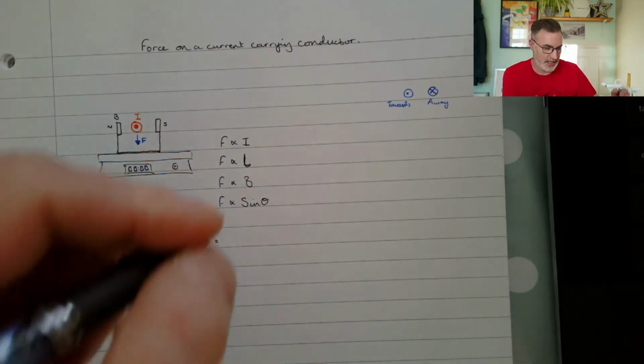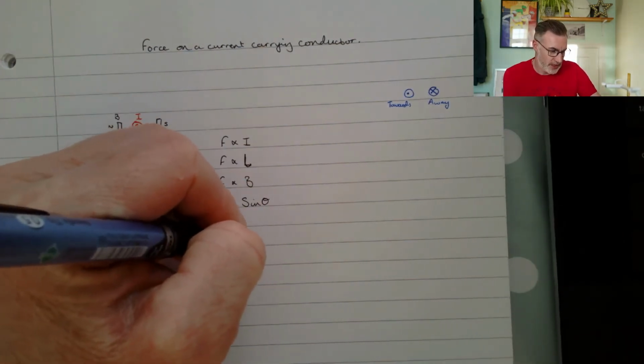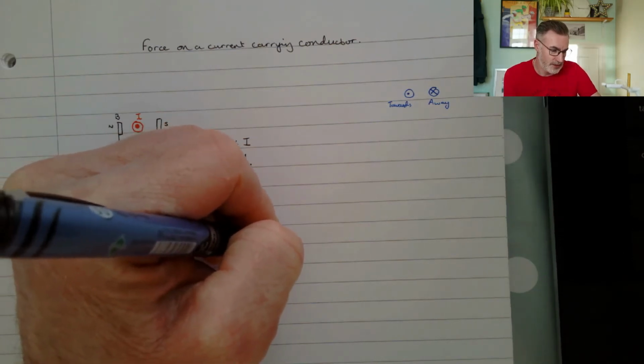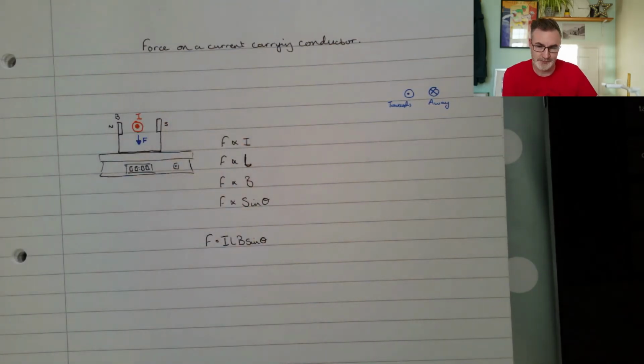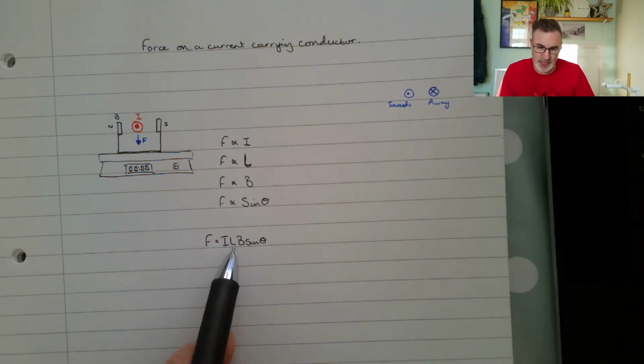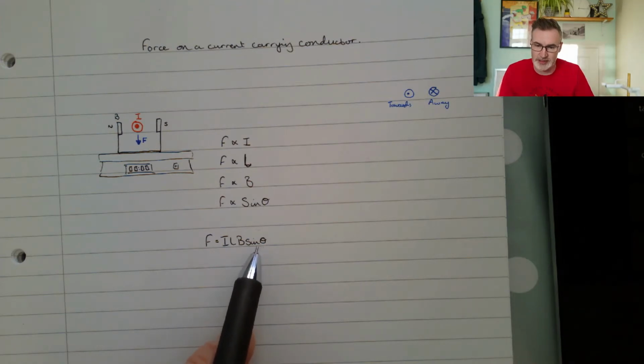In the learning intentions, it is written as ILB sine theta. Okay, so the force is equal to current times length times magnetic induction times sine theta, being the angle at which it's in there.